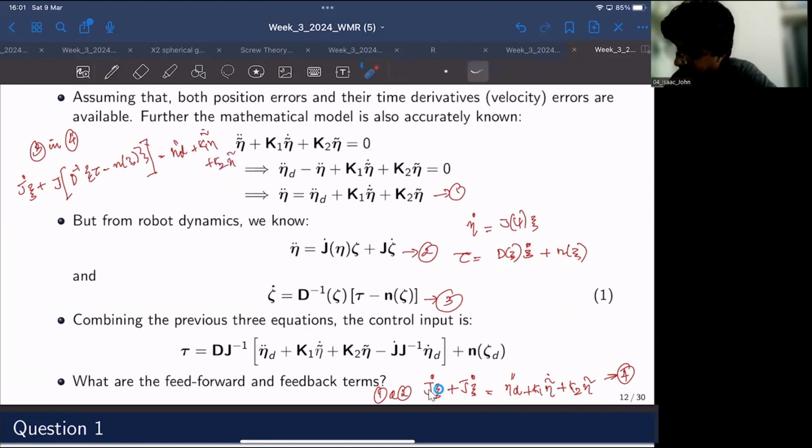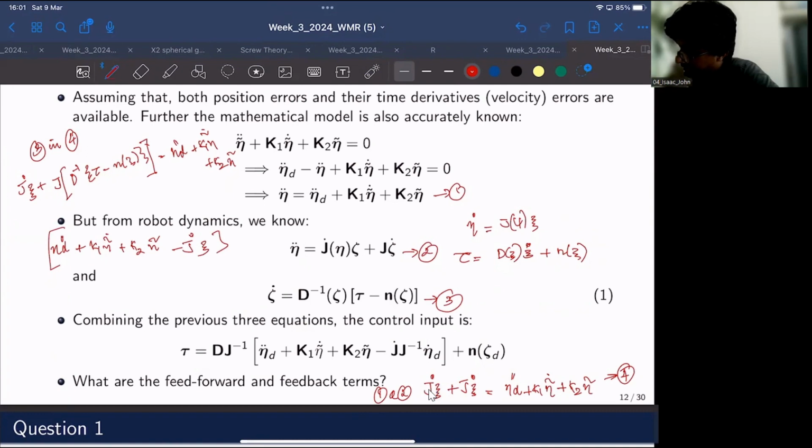From here, can you find the control input? What is the control input? It is nothing but eta desired double dot plus K1 eta tilde dot plus K2 eta tilde. Then you will have to subtract this term, minus J dot of zeta. Then what else do you have to do?